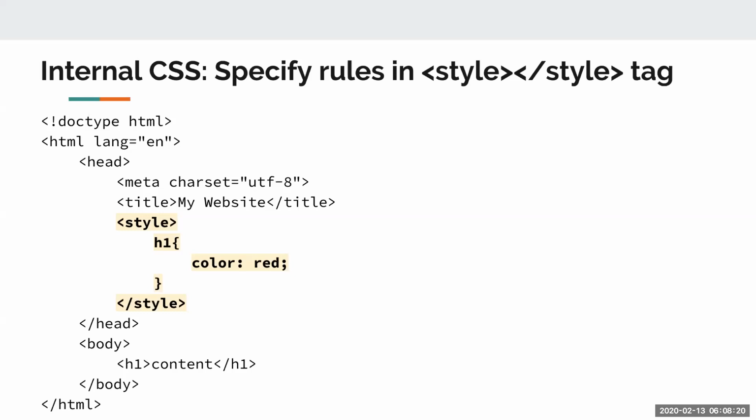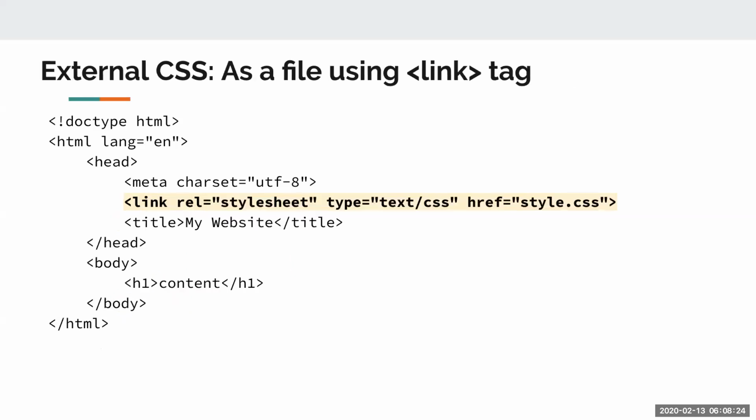Whereas if all 20 files include one CSS file, just for the sake of consistent style, you don't have to go over 20 different files. You can just update one CSS file and then the style is updated automatically for all the 20 files.